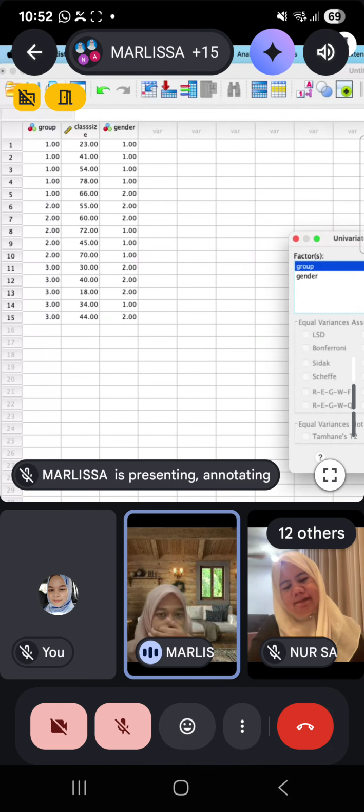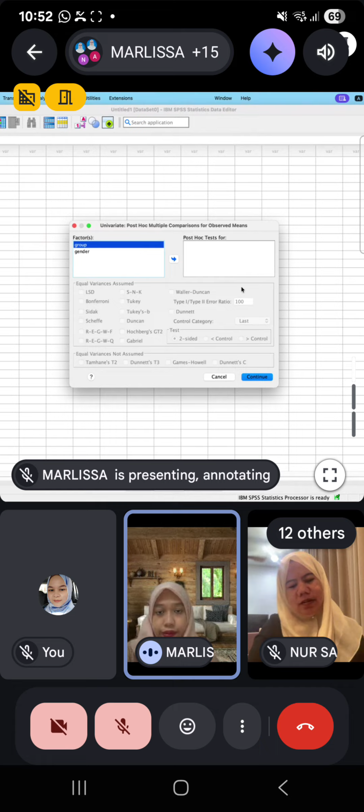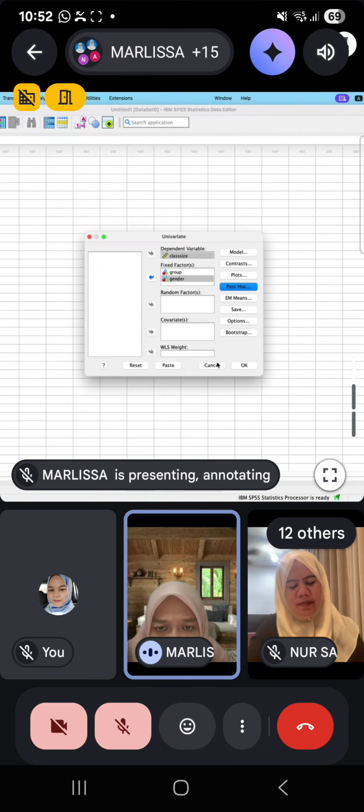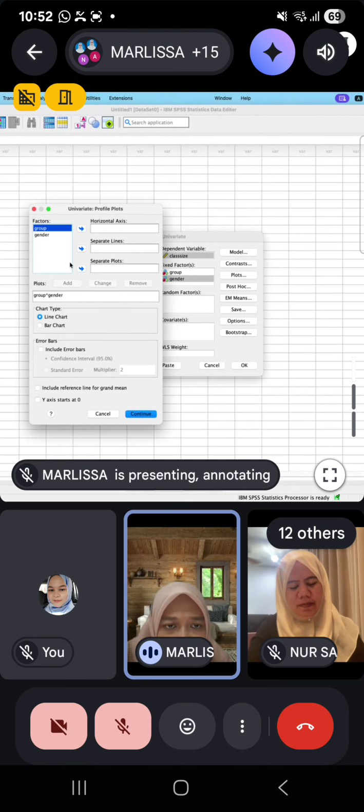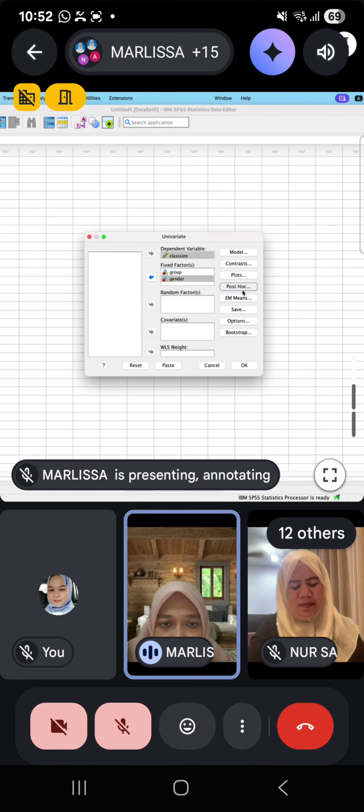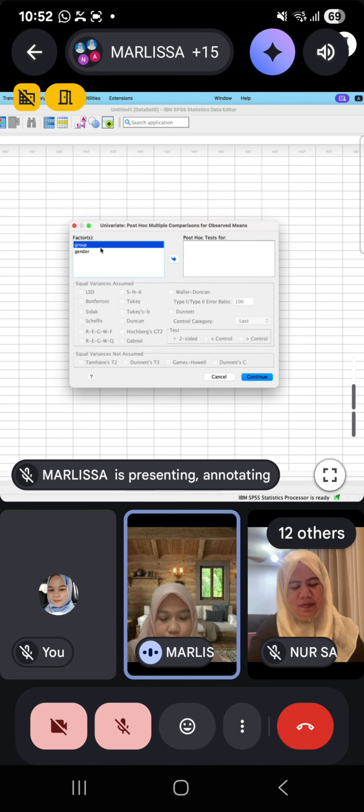Next, click Post Hoc. There should be the group and gender here.